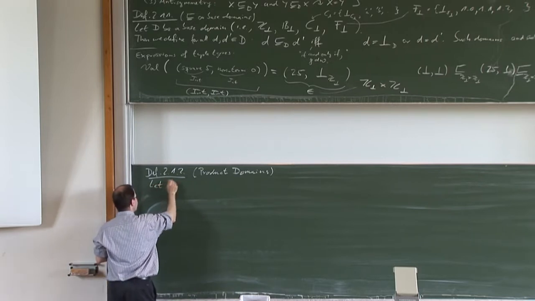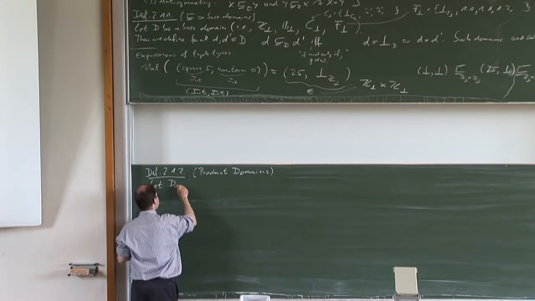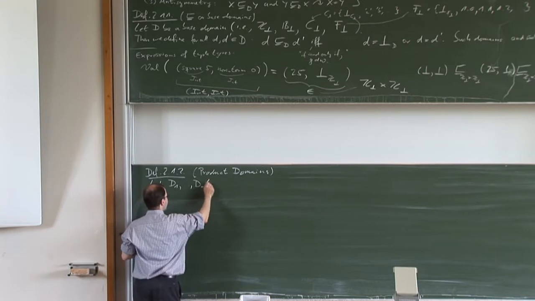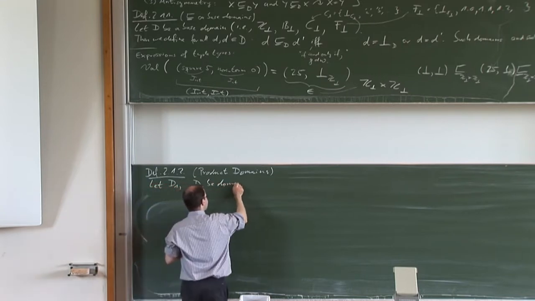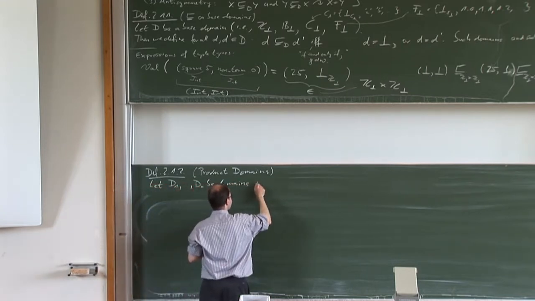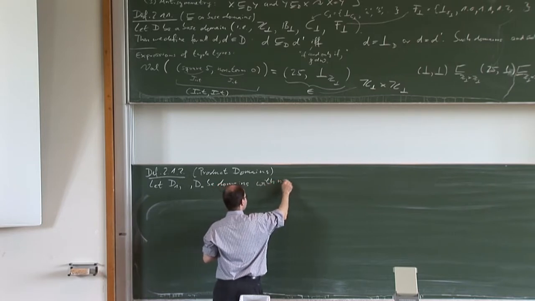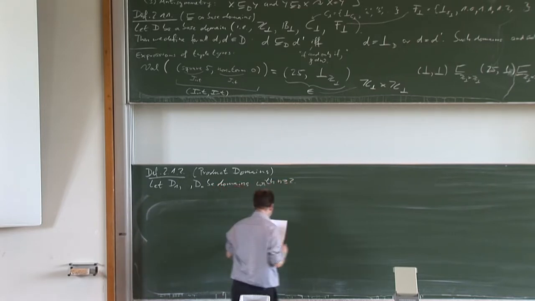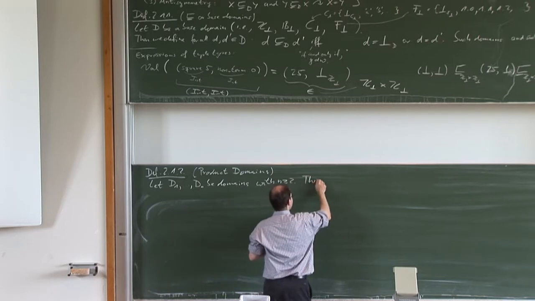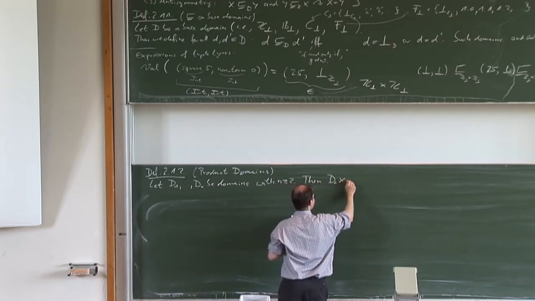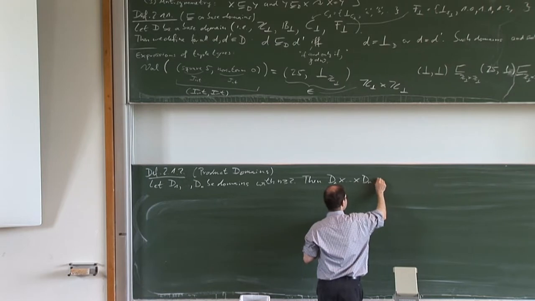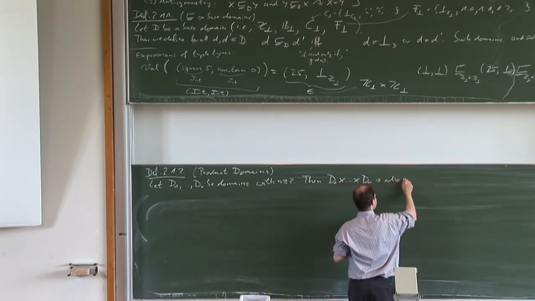Okay, so let's assume we have several domains, d1 to dn. And to make it interesting, there should be at least 2. So n is greater or equal than 2. And then the cross product d1 cross dn is also a domain.